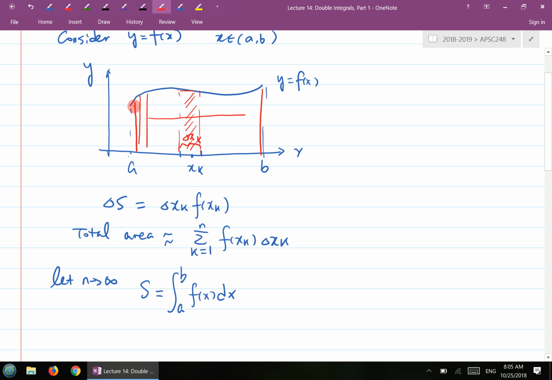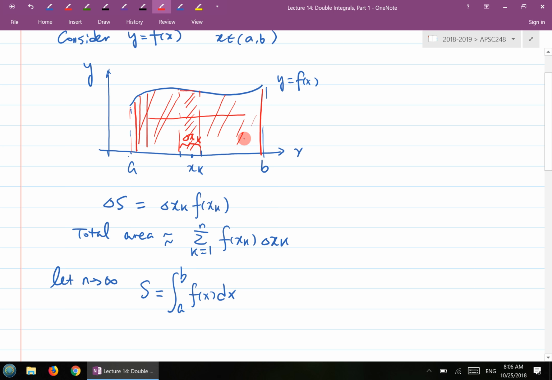You can create a line first, then you sweep this line all the way from left to right. The result of sweeping is generating this shape, this area here. That's another perspective on how this integral is done: sweeping from a to b to cover all this area here.